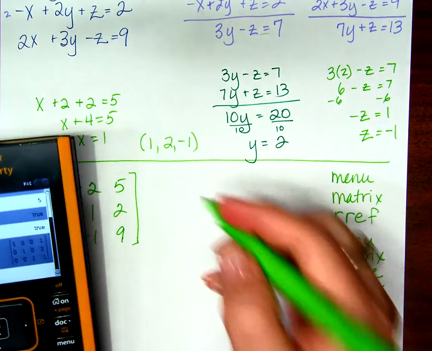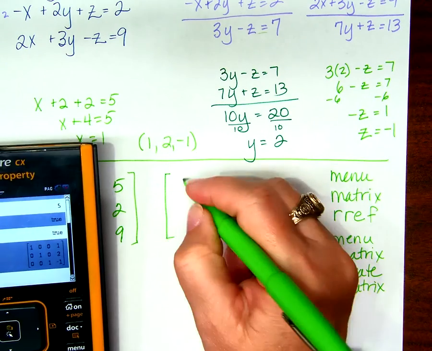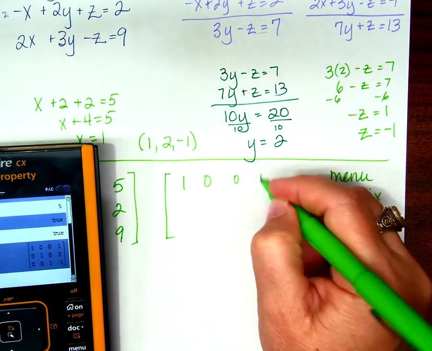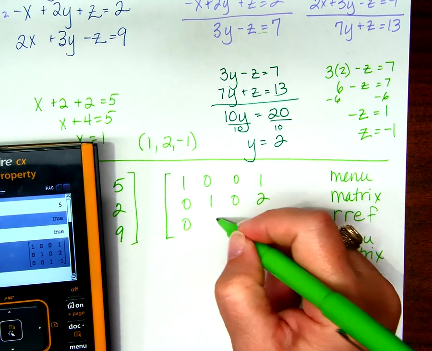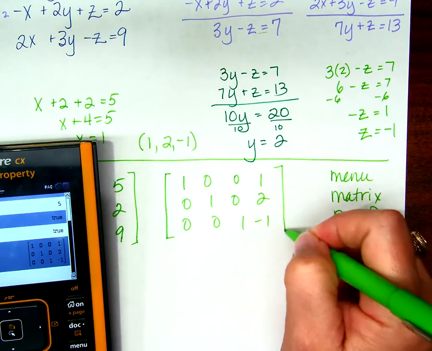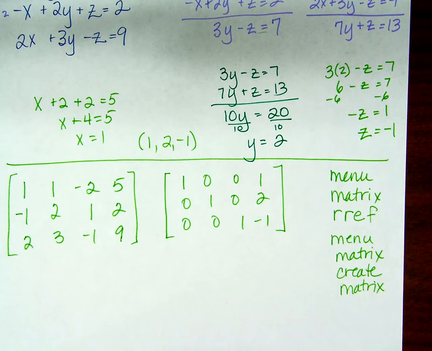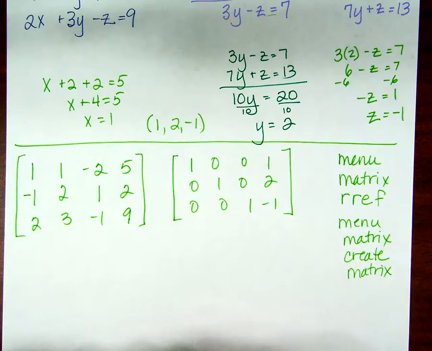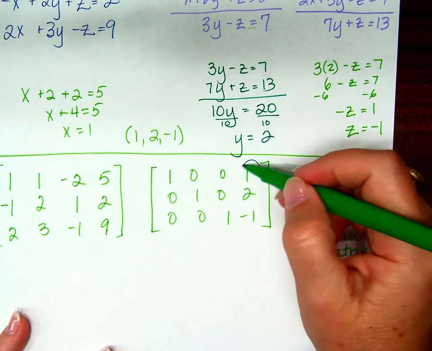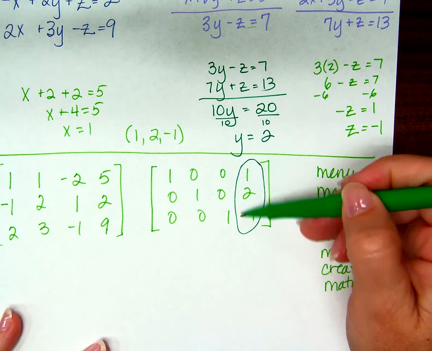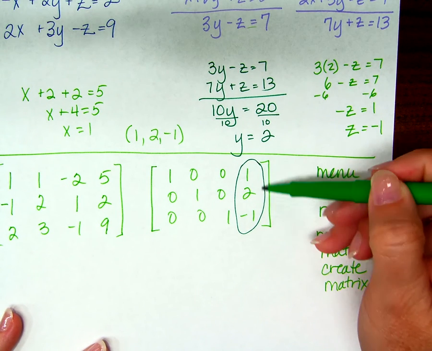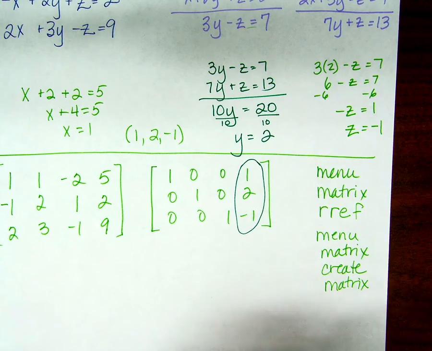Now, this is the second part of the work that I have to show. 1, 0, 0, 1, 0, 1, 0, 2, 0, 0, 1, -1. Now, we know the answer from the previous problem because it's still right here. Do you notice that it's right there? 1, 2, -1. Do you notice it's that last column? Because here's the deal, guys.